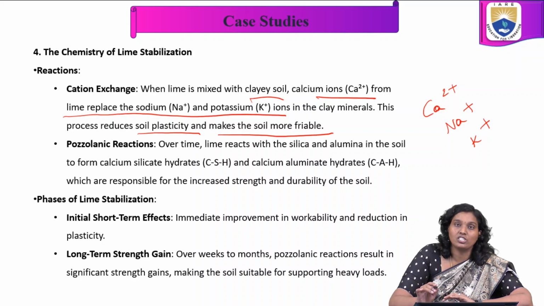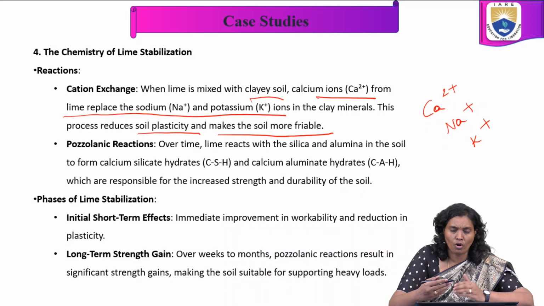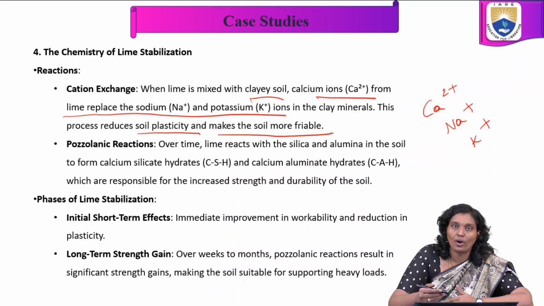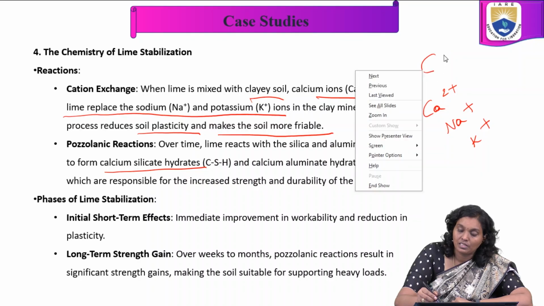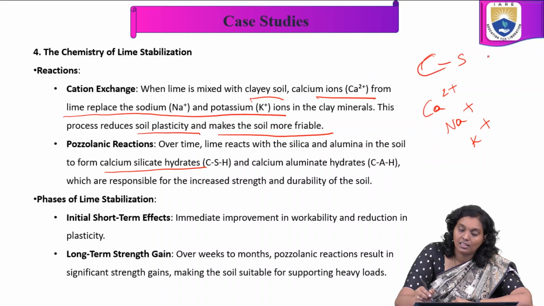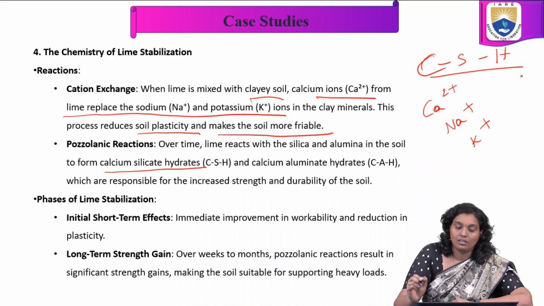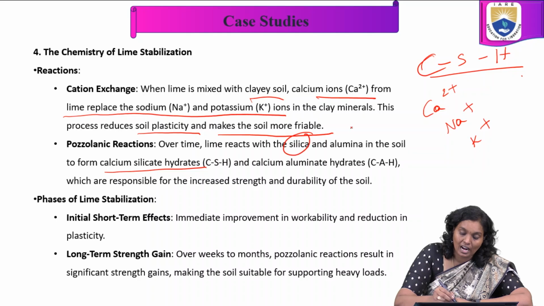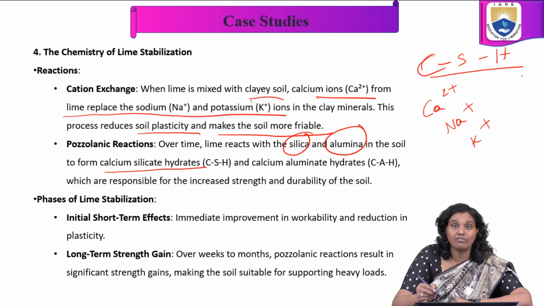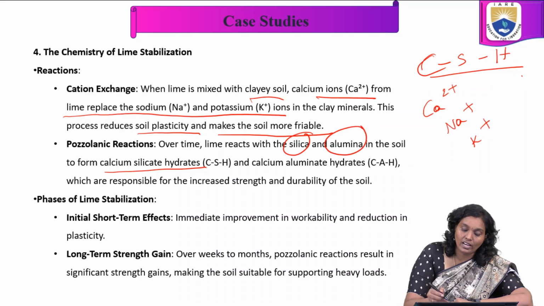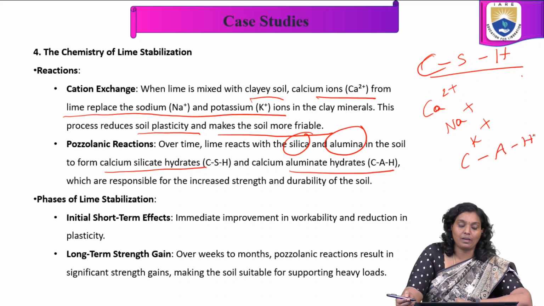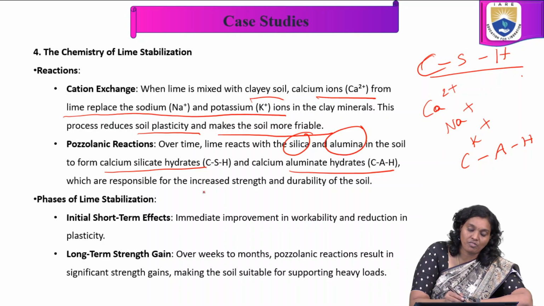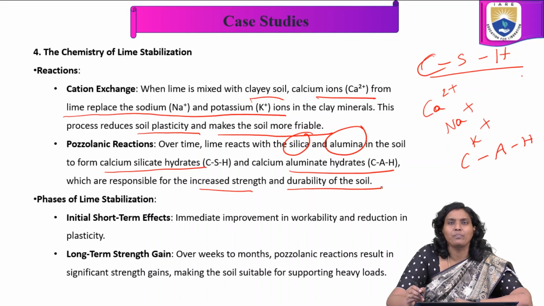In the pozzolanic reaction, over time, not immediately, lime reacts with silica and alumina in the soil to form calcium silicate hydrate (CSH) and calcium aluminate hydrate (CAH), which are responsible for increased strength and durability of the soil.